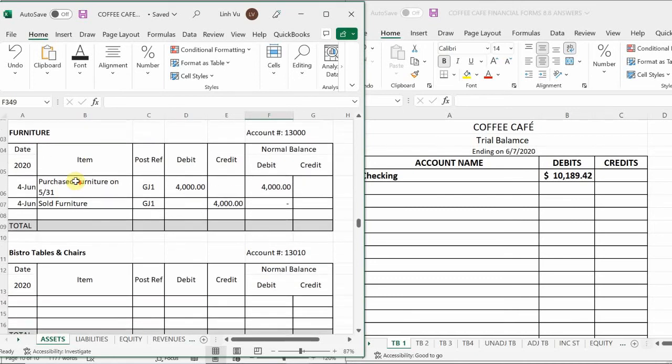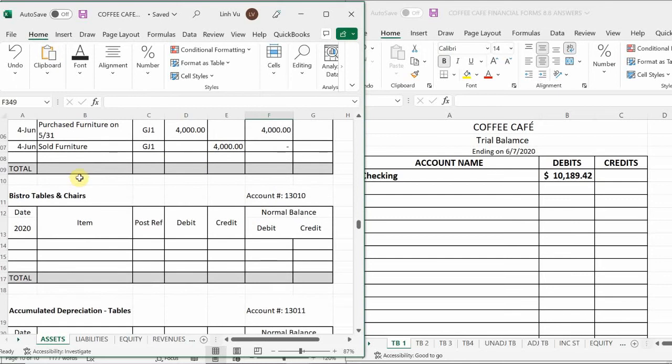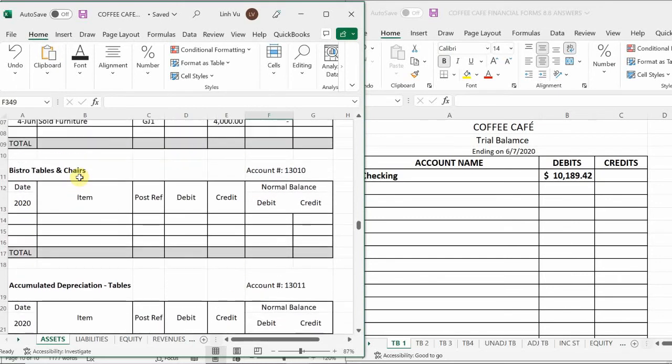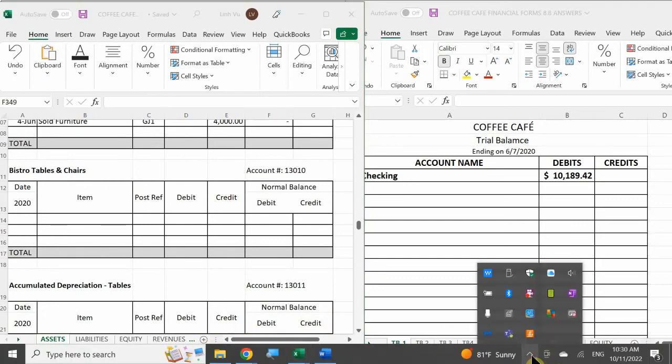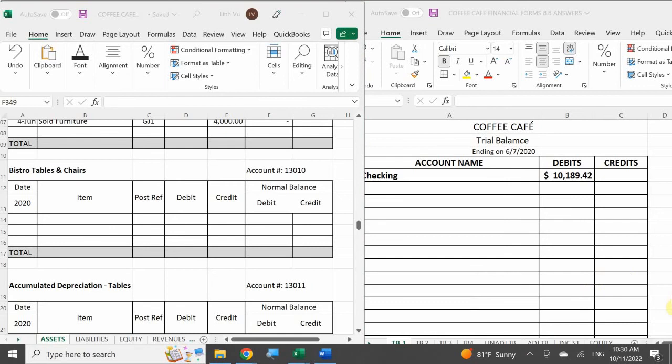Okay? However, did I buy furniture? Let's see. Did I buy tables and chairs? Yes, no. Okay, so we have a yes and a no. Why yes? Because it's in your ledger under shares. Well, did we?